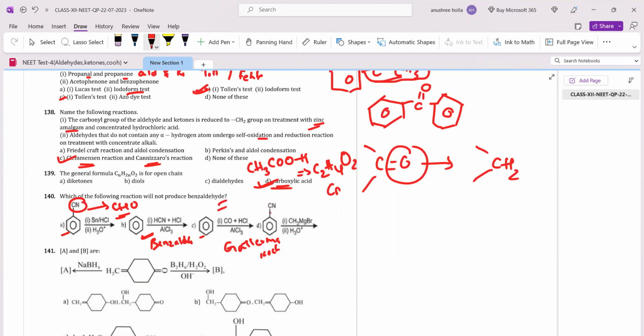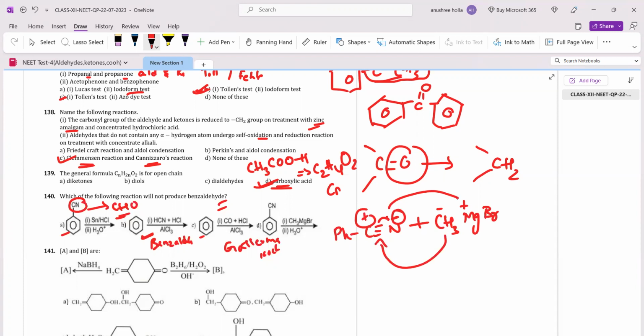What are we doing here? We're treating the cyano group with Grignard reagent. What will happen? C triple bond N and Grignard reagent CH3MgBr. If we take the polarity, minus and plus, you just add this. So you'll get the NMgBr compound.